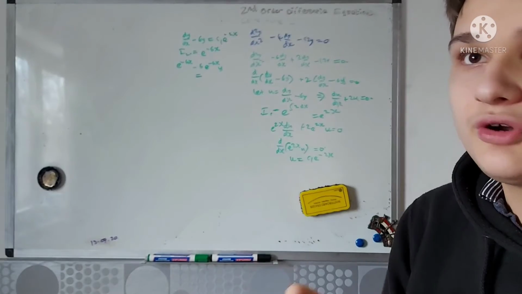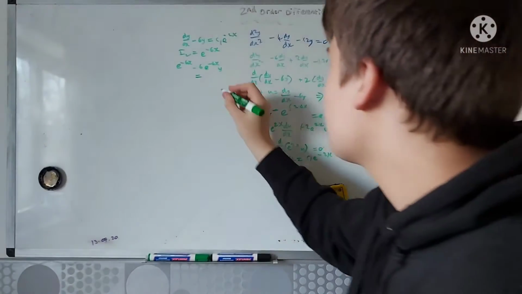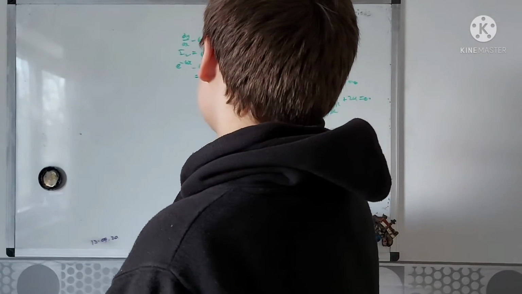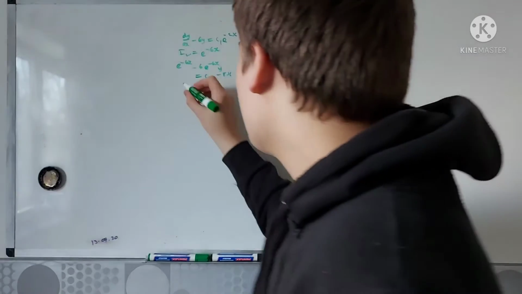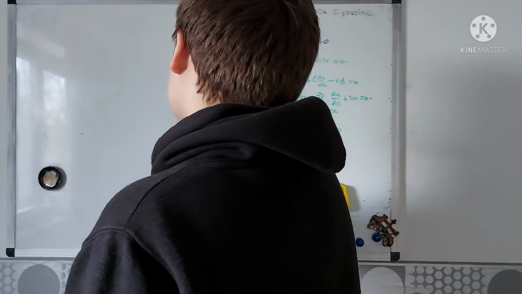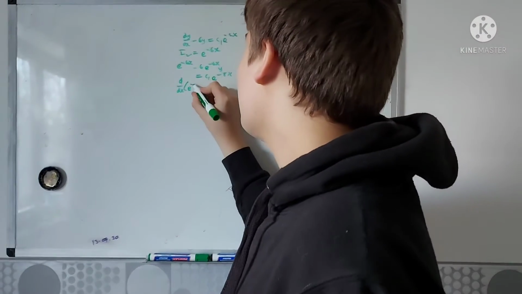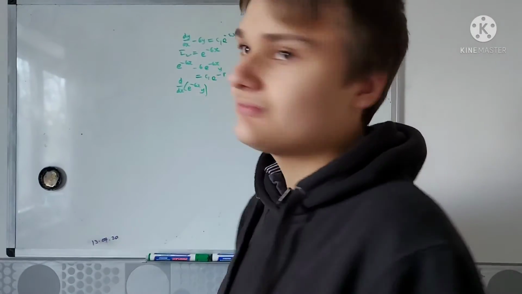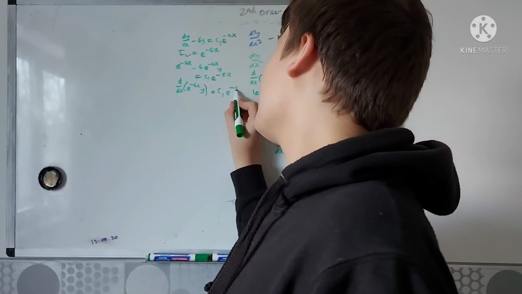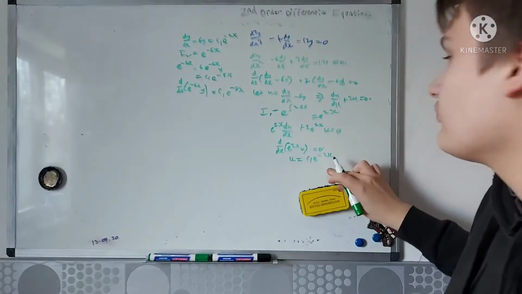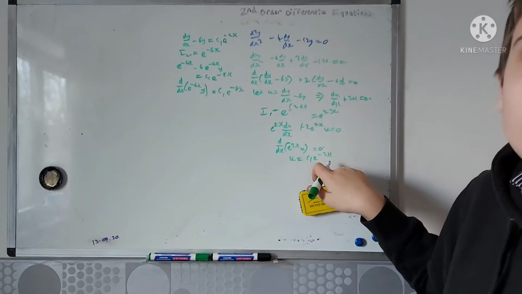When I multiply through, we're going to be careful, so I'm going to get c1 e to the minus 8x using your indices laws.